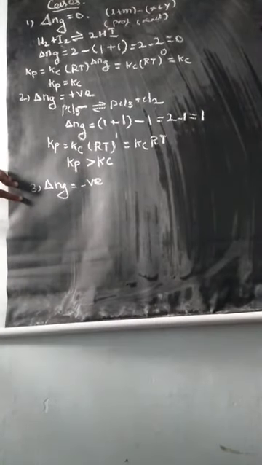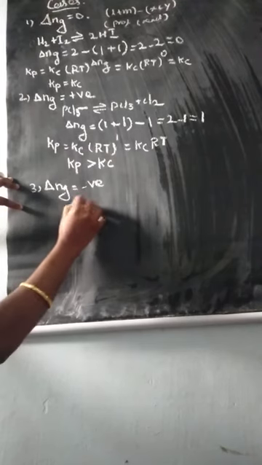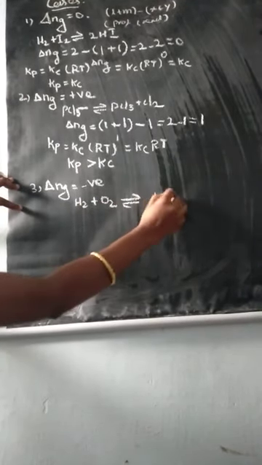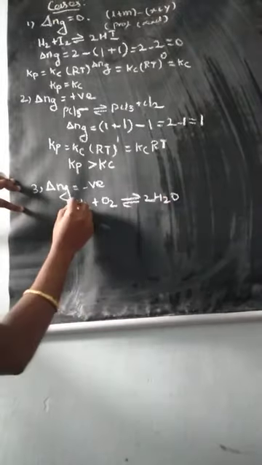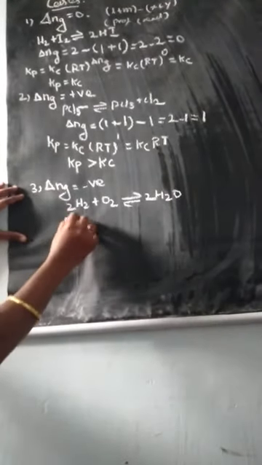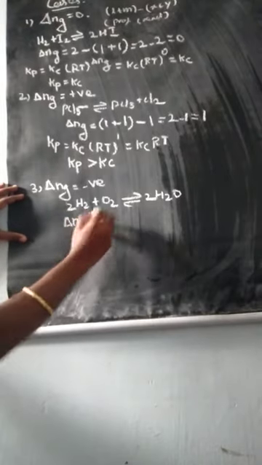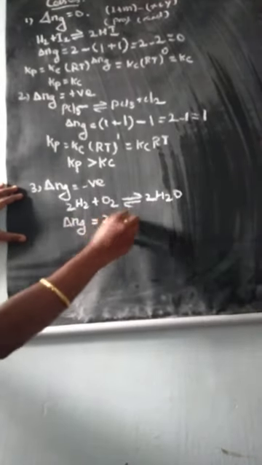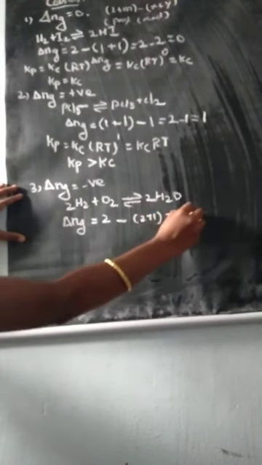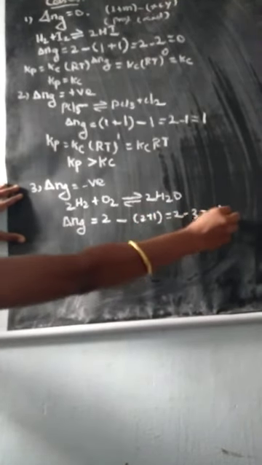Here you can consider a simple example: 2H2 plus O2 gives 2H2O. Delta Ng is equal to product 2 minus 2 plus 1, so 2 minus 3 is equal to minus 1.